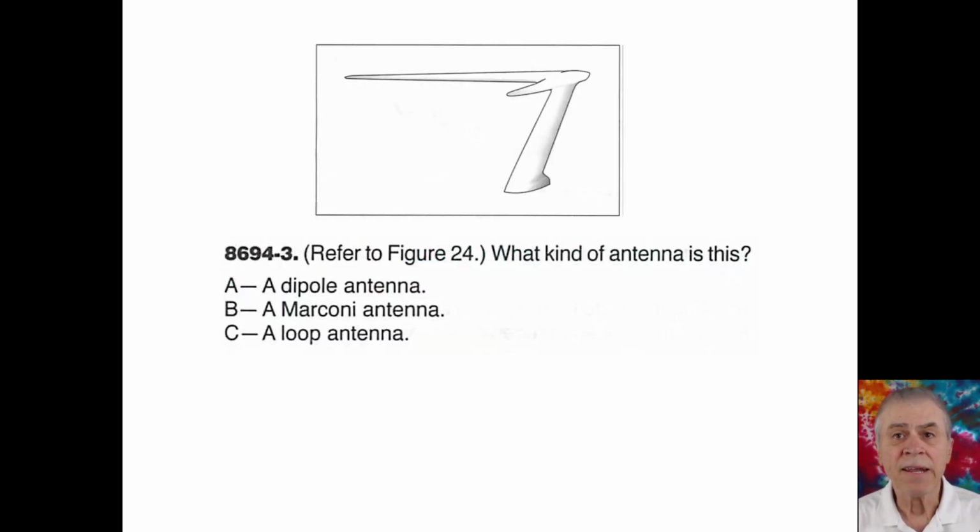And what type of antenna is this? Is it a boomerang? A dipole? A Marconi? Or a loop? Well, you can see it's not a loop. Marconi is usually the quarter wave, vertically polarized, similar to what we just saw in the prior illustration.